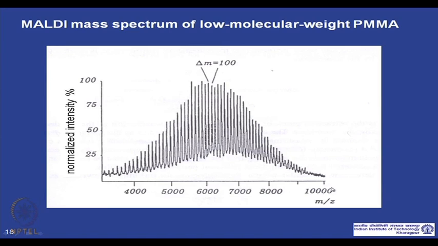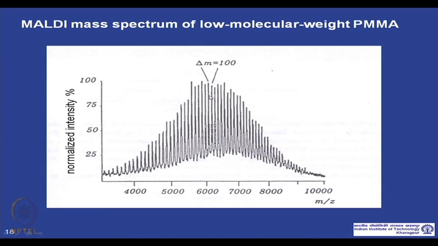So, this is an example of a MALDI spectrum from PMMA, polymethyl methacrylate, and you can see these are the peaks from different polymer chains. This gives the entire distribution. This is the normalized intensity, and if you look at the gaps between the molecular ions, you can see the gap is 100 Dalton, which is exactly the mass of an MMA repeating unit.